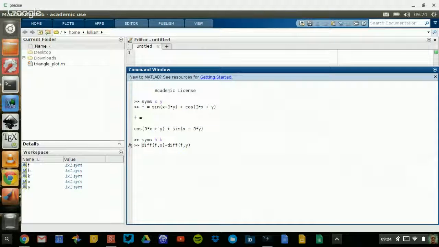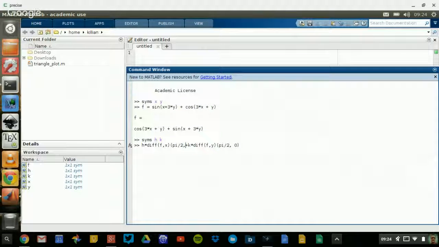That's the partial derivative of f with respect to x plus the partial derivative of f with respect to y, and we were multiplying h times the x derivative and k times the y derivative. So that line should show me the 3h plus k. Oh no, except I have to evaluate these at the base point pi over 2, 0. So that will put those values in for x and y.